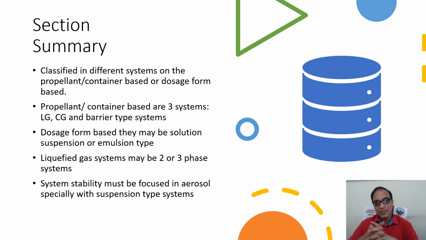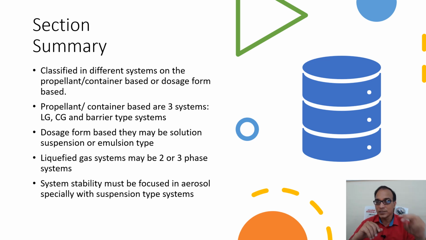So the aerosol may be classified in different systems. Just having a quick recap, this classification is very important from your exam point of view. Whenever aerosol systems are asked, you must give the two different types of classification.